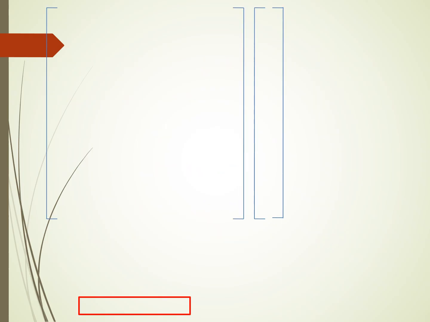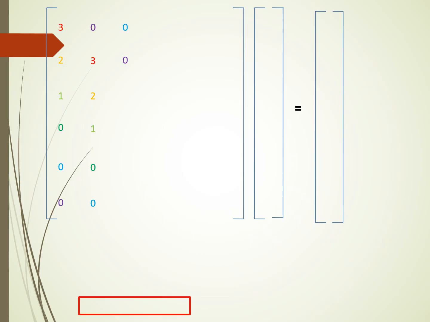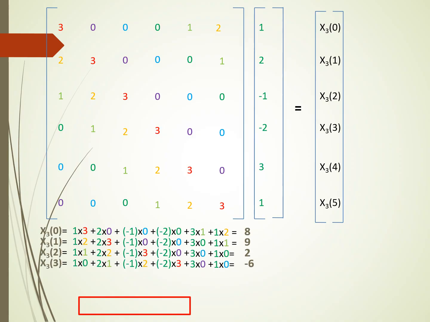So represent the values of x2 of n and x1 of n as mentioned previously. So the matrix becomes like this. And how are we going to arrive at the final values, x3 of 0, x3 of 1, 2, 3, 4, and 5?